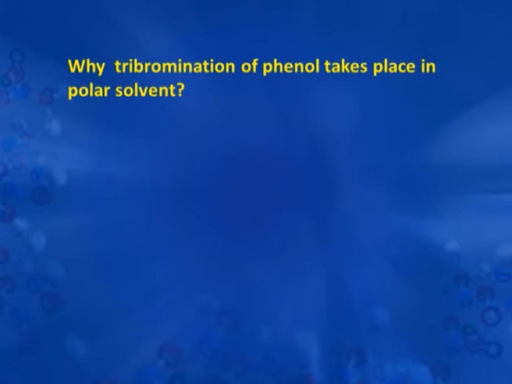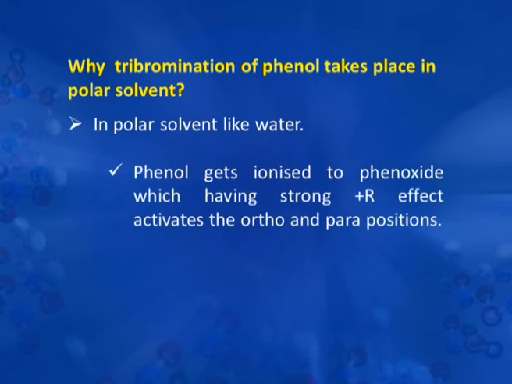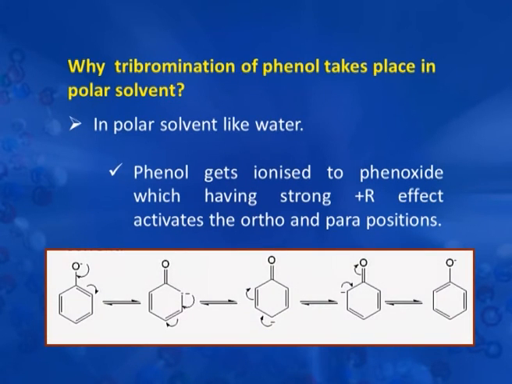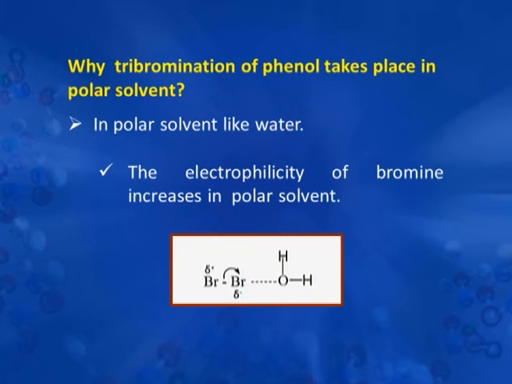Now, we will discuss why tribromination takes place when we are using polar solvent like water. You can see here what happens when we are using water. The phenol gets ionized to phenoxide ion, which has a strong plus R effect. As a result, it makes the ortho and para position of phenol highly activated, and the second reason is the electrophilicity of bromine increases because of the polar solvent.